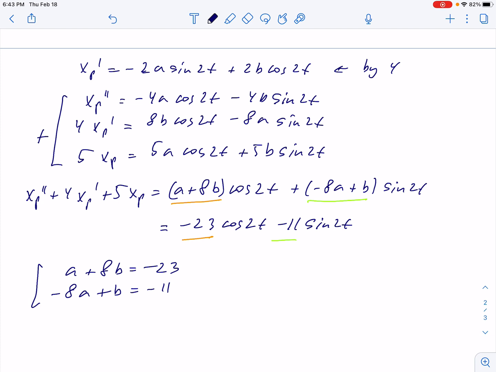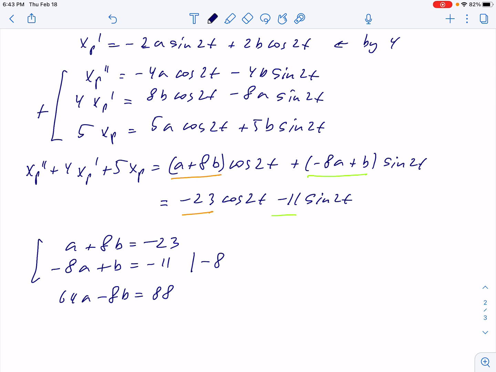I can eliminate b. If I multiply the second equation by negative 8, make the coefficient in front of b negative 8, and the equation will become 64a minus 8b equals 88.